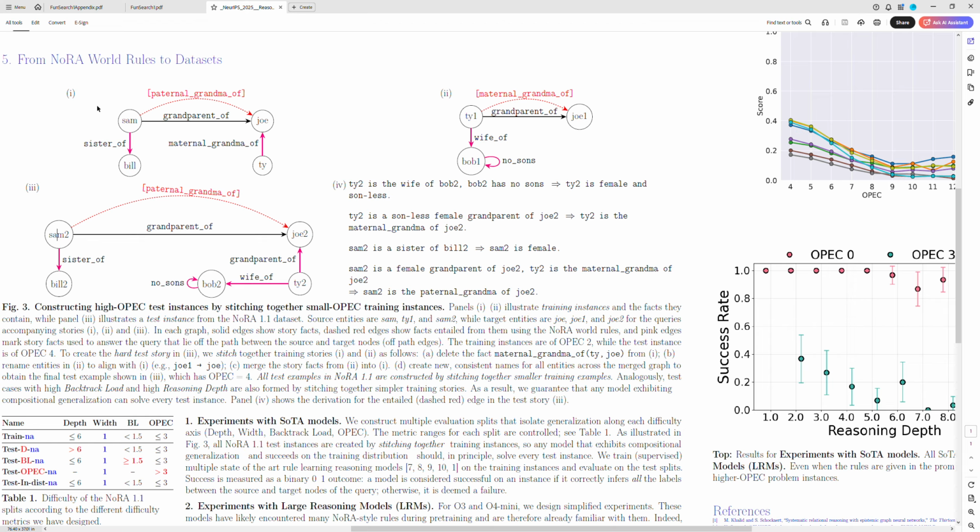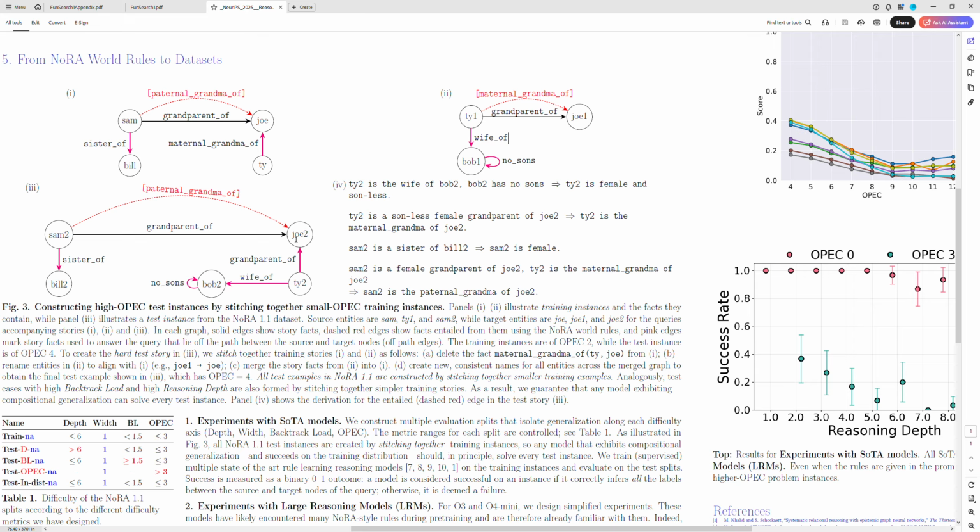So these two training examples had OPEC 2. If you follow the proofs, here you require these two pink edges, which are off path, to solve the problem. And when you glued them together, you got this test problem instance, and it had OPEC 4. So all these pink edges were used in the proof, and they lie on no path between the source and the target.